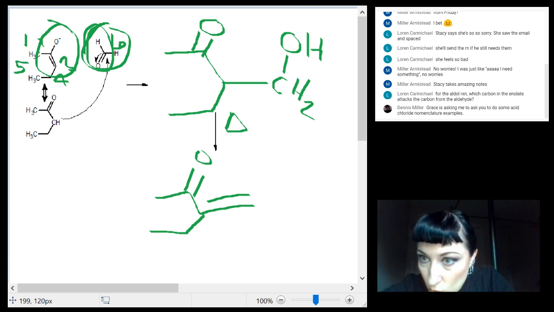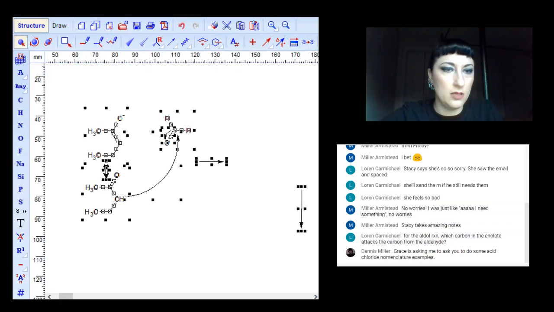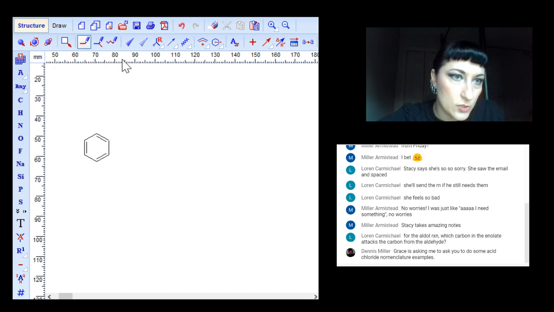So then the next question was from Grace, how to do some acid chloride nomenclature. So I'm going to pull us back to ChemSketch for that, since ChemSketch will do all my naming for me. So all you have to do is remember that, and this is pretty much for all of the carboxylic acid derivatives.